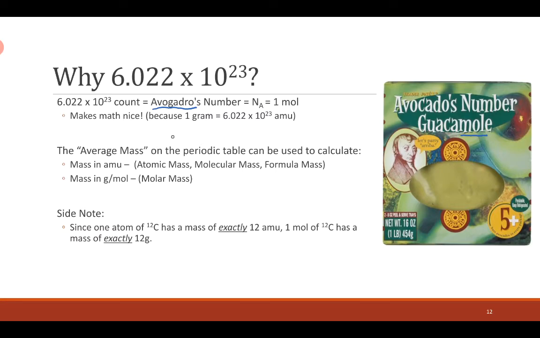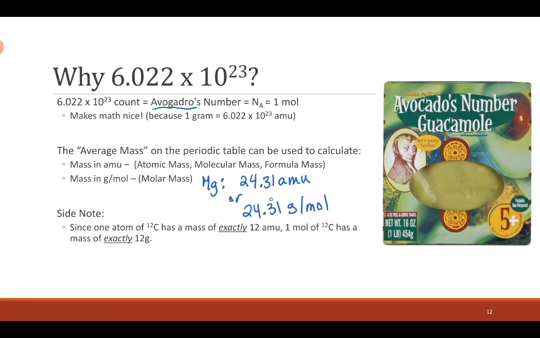Anyway, they picked this number because it made math easy. It makes math so easy that we don't ever have to use this 1 gram is that many atomic mass units. We will be reading things off of the periodic table in either atomic mass units or grams per mole. So the atomic mass of magnesium, for instance, is either 24.31 atomic mass units, or it's 24.31 grams per mole.